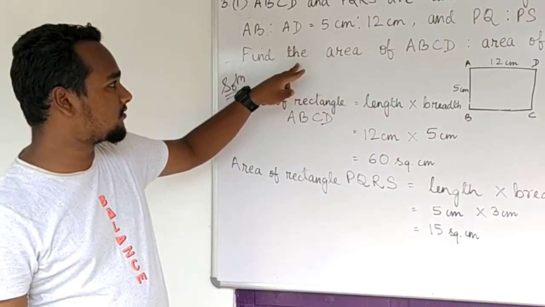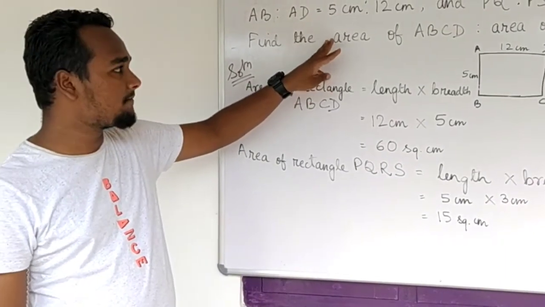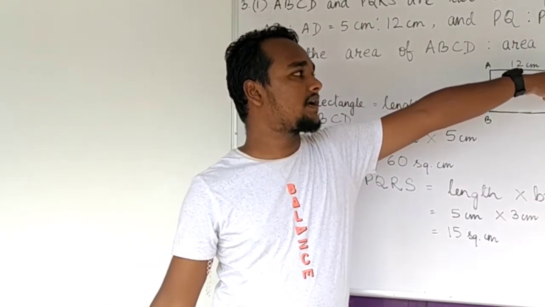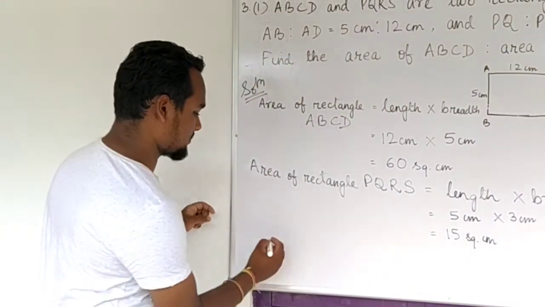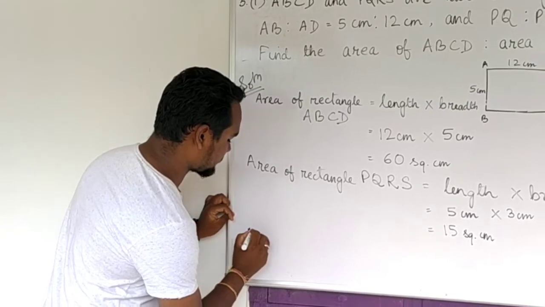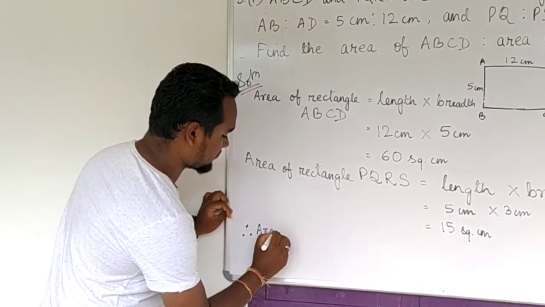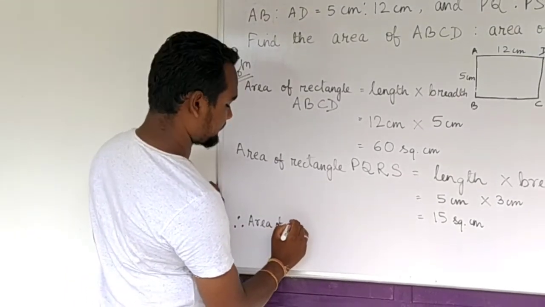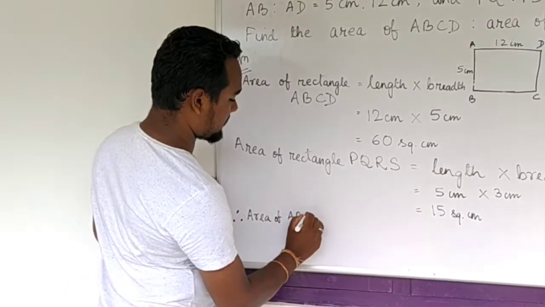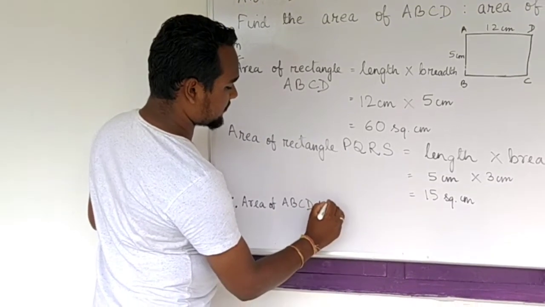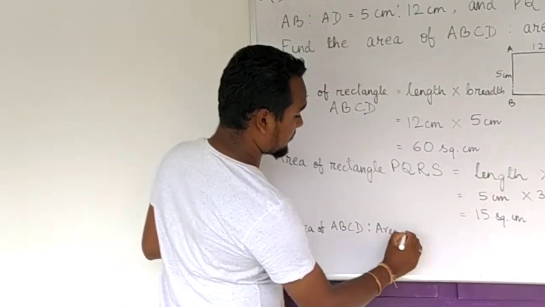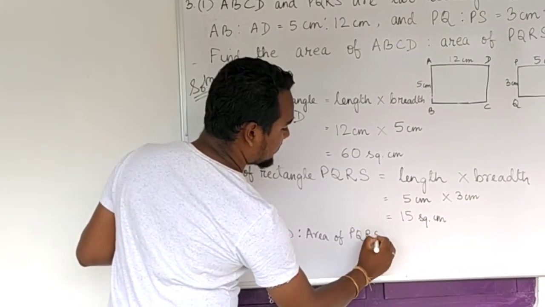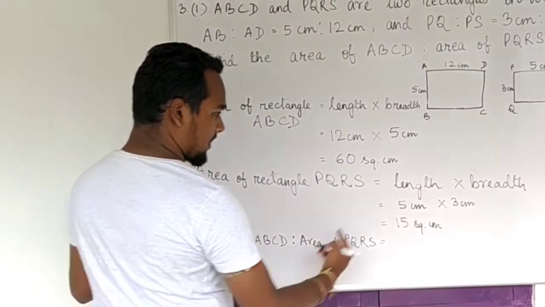Now I have to proceed to the final part. What am I going to take out? I have to take out the area of rectangle ABCD to the area of rectangle PQRS. That means they are ratios. So therefore, area of ABCD is to area of PQRS.